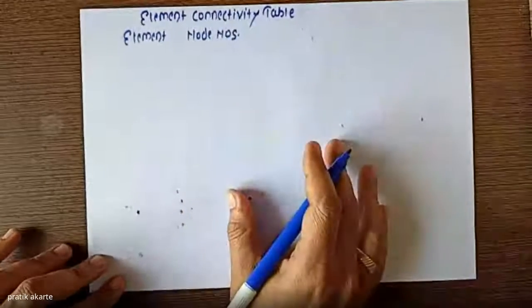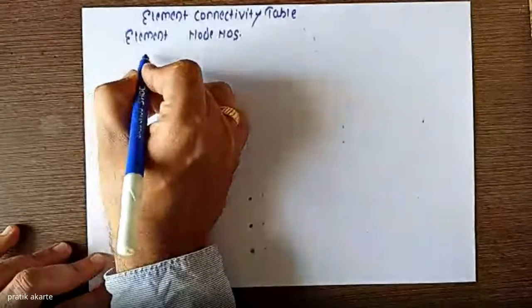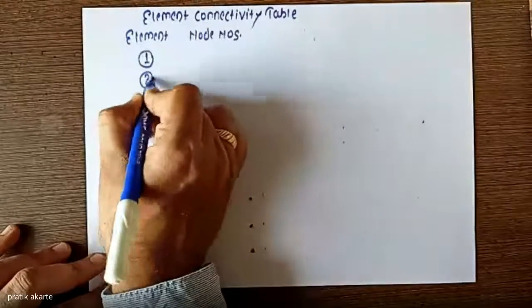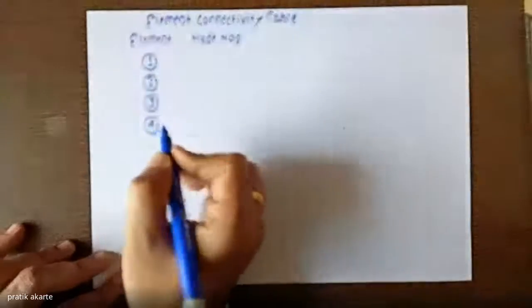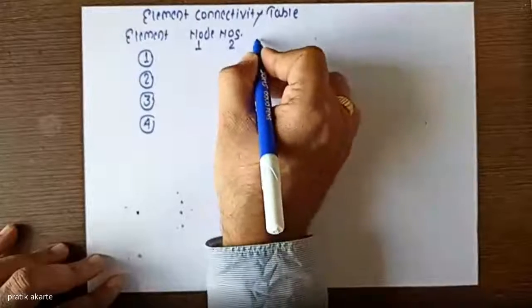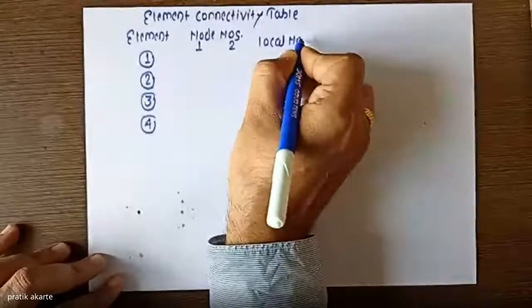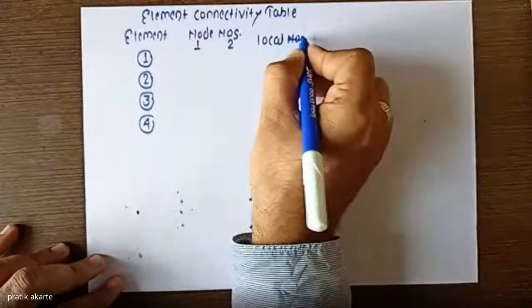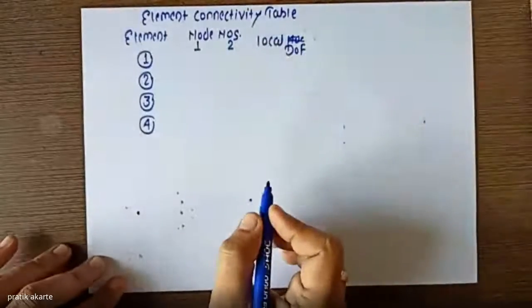So the element and node numbers structure remains the same. We have four elements, 1, 2, 3, and 4. The local node numbers, or I can say local degrees of freedom, are 1 and 2.